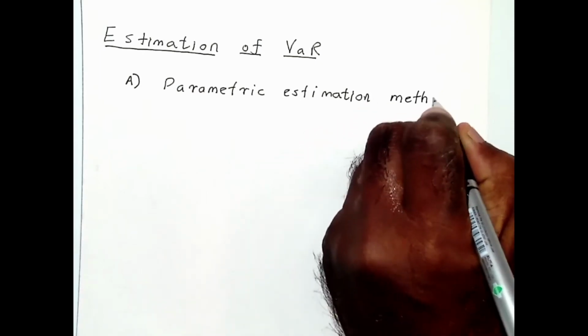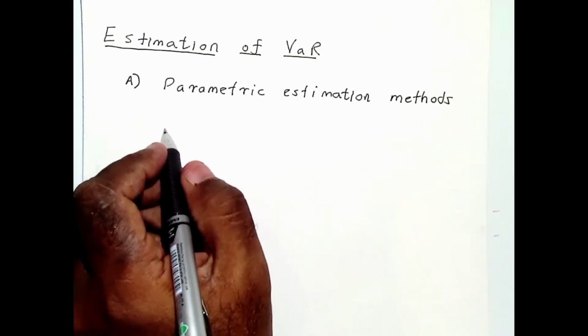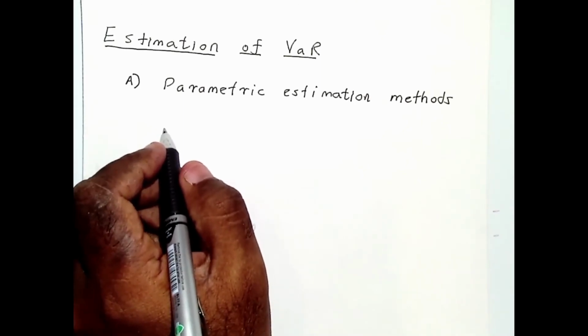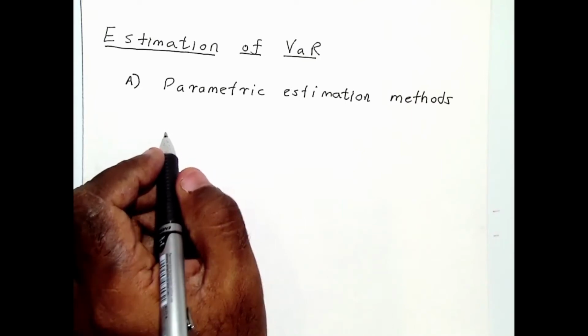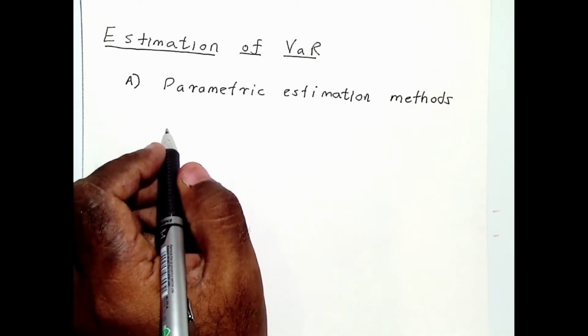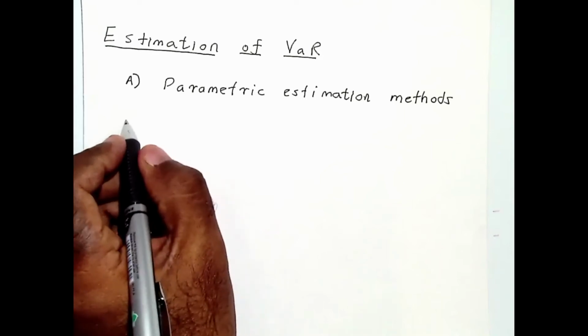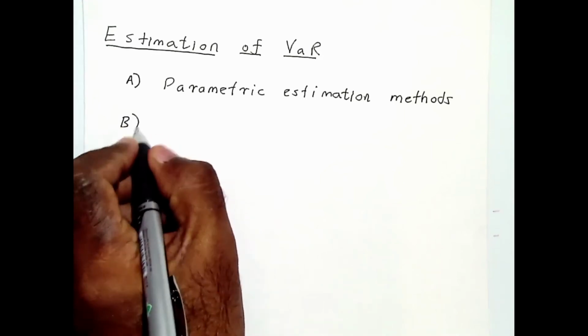So what I mean by this is that you assume that the losses, say losses of a company, follow a certain distribution, like for example the normal distribution, which has two parameters, or the log normal distribution, which has two parameters, or the Gumbel distribution, which has two parameters, and so on.